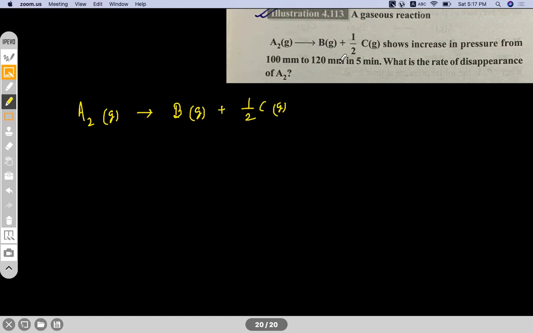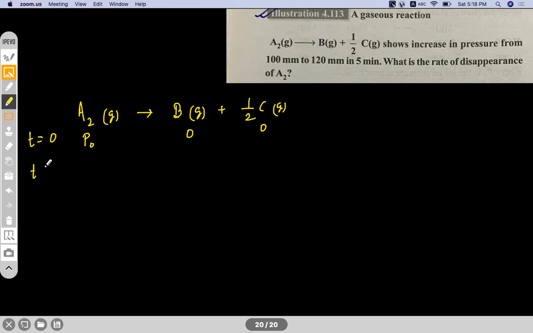So at time t is equals to 0, I'm assuming there is only A, so P naught, 0 and 0. If it is not mentioned that B and C are also present initially, you don't have to consider that. In general, the assumption is that we have only reactant at time t is equals to 0.